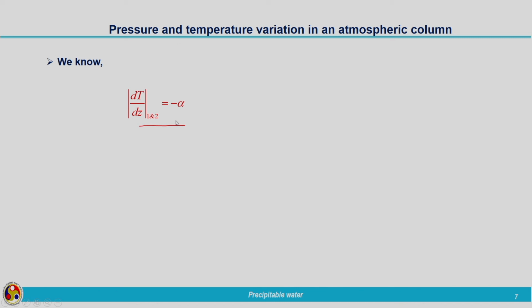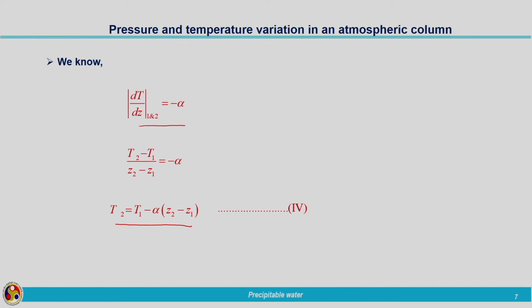We have temperature at section 2 to be T2 and temperature at section 1 to be T1, and the altitudes are Z2 and Z1. So, this can be rewritten as T2 minus T1 divided by Z2 minus Z1 is equal to minus alpha. From this we can find the expression corresponding to T2. So, T2 will take the form T1 minus alpha multiplied by Z2 minus Z1.